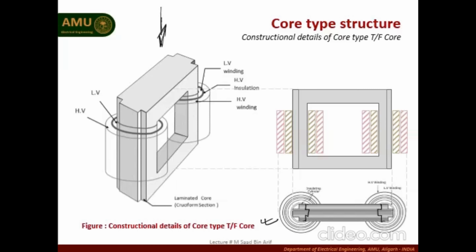Just now we discussed the material of the core and the structure of the core, that is, the geometry of the core. Now we will try to look into the laminations that are required to form a core type core of a transformer.